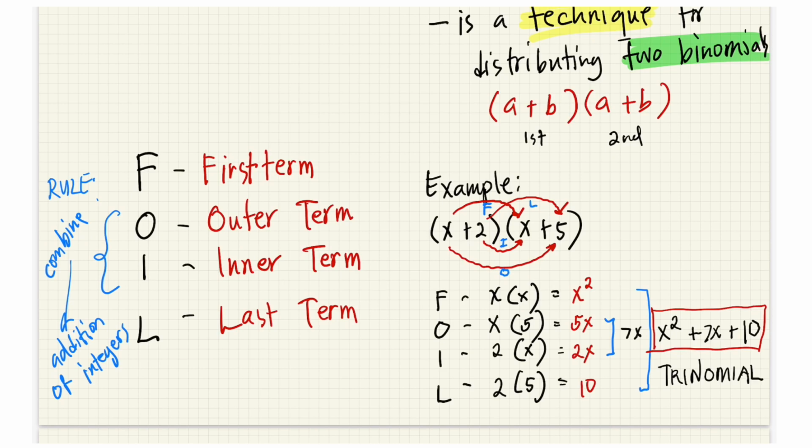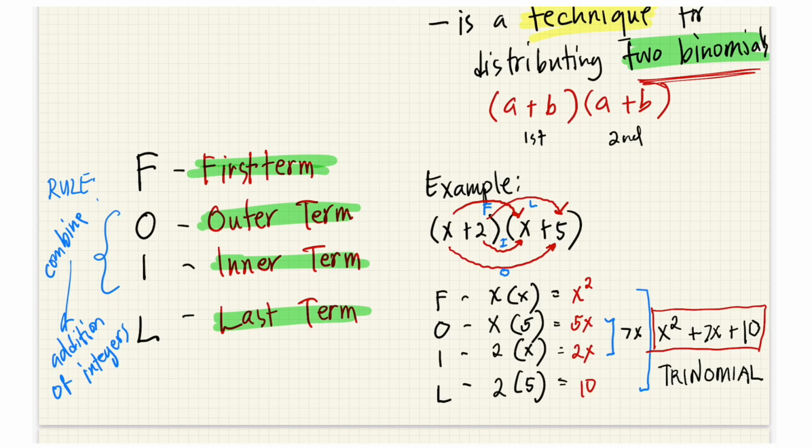Alright? Again, FOIL stands for first term, outer term, inner term, and last term. Where are we going to use this? In solving at least two binomials. Alright?